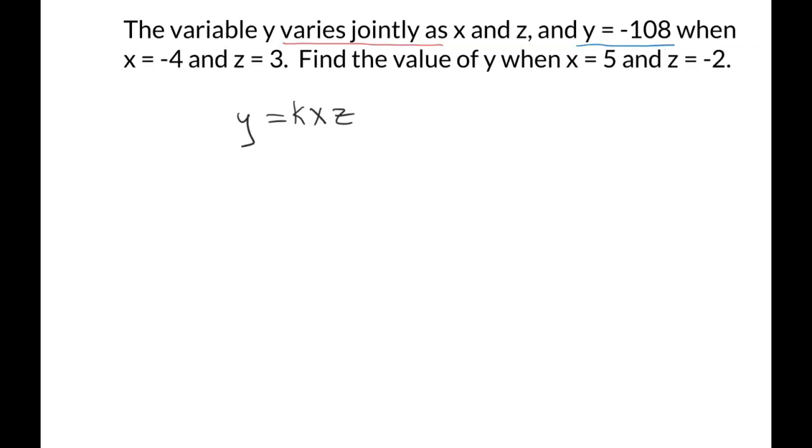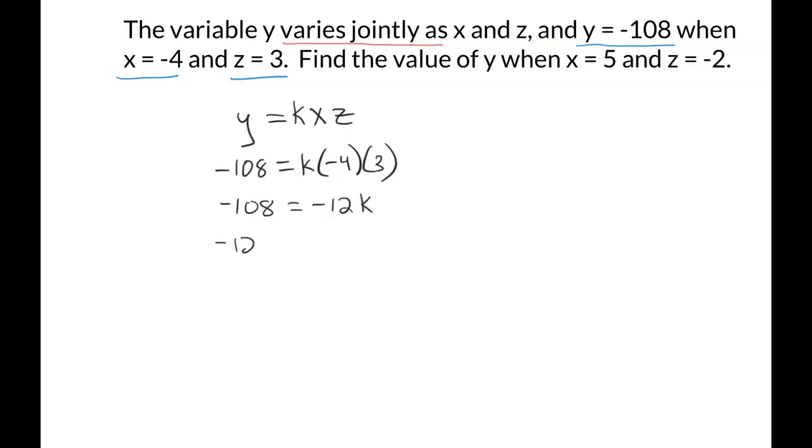Y is negative 108, x is negative 4, and z is 3. So I'm going to go ahead and put those in. Negative 108 equals k times x, which is negative 4, times z, which is 3. So I've got negative 108 equals negative 12 times k.